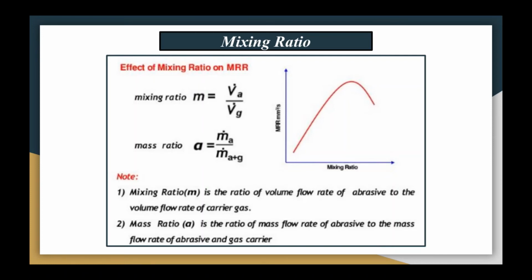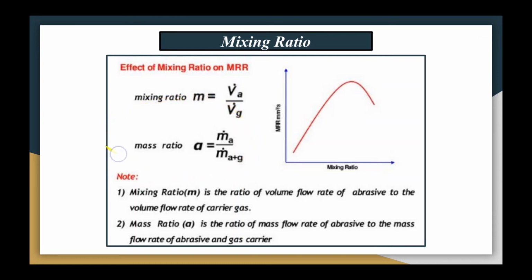You can see here, as the mixing ratio increases, the volumetric MRR in terms of mm cube per second also increases. There is an optimum value beyond which it starts decreasing. This we have discussed in the last slide also. A maximum is observed between this mixing ratio and volumetric MRR.